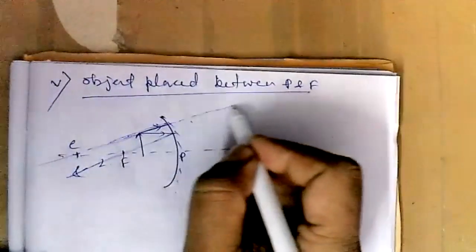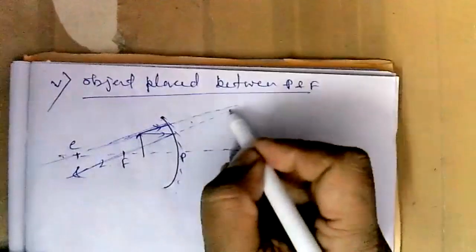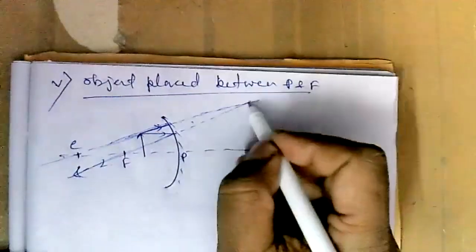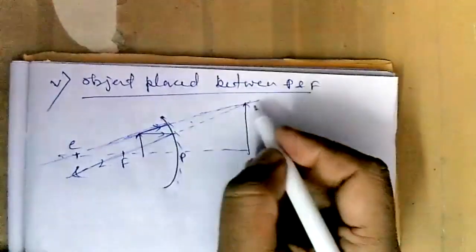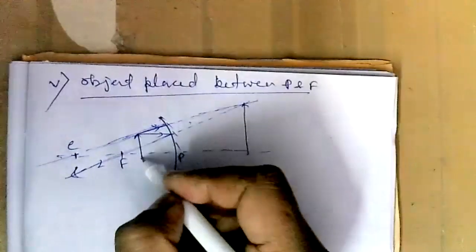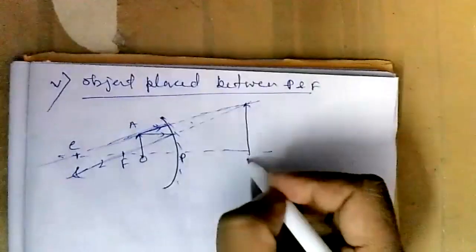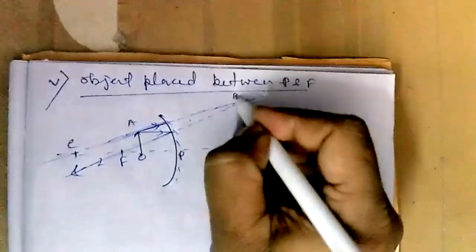If we extend these two rays in the opposite direction, they will appear to meet at some point. So this will be the image.